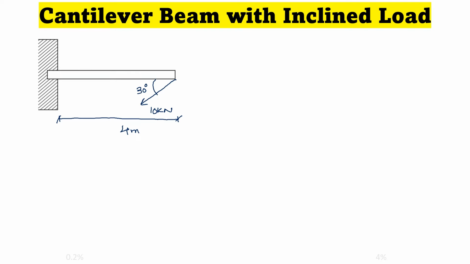So when a load is inclined, we have to convert this load into rectangular components. To convert this load into rectangular components, we will indicate the load in a separate diagram.